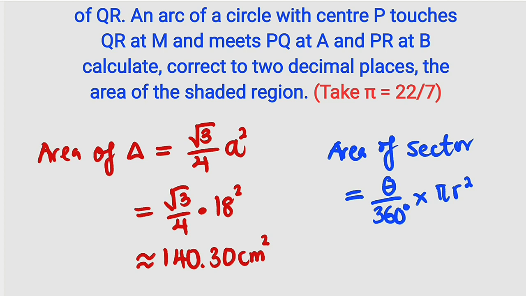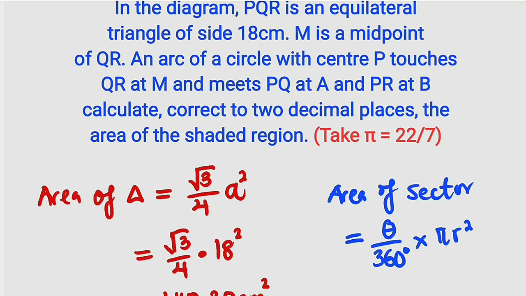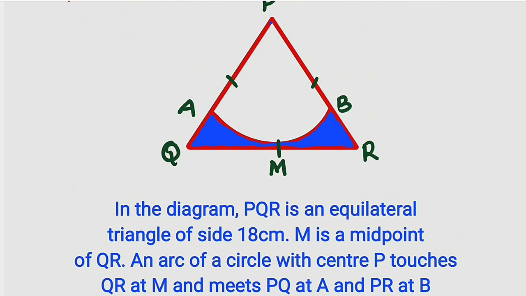So what do we need to find here? We need to find r because pi is given, and we know this angle must be 60 degrees because the interior angles of an equilateral triangle are all equal. This is 60, this is 60, and this is also 60, making 180. So all we have to find is the radius.